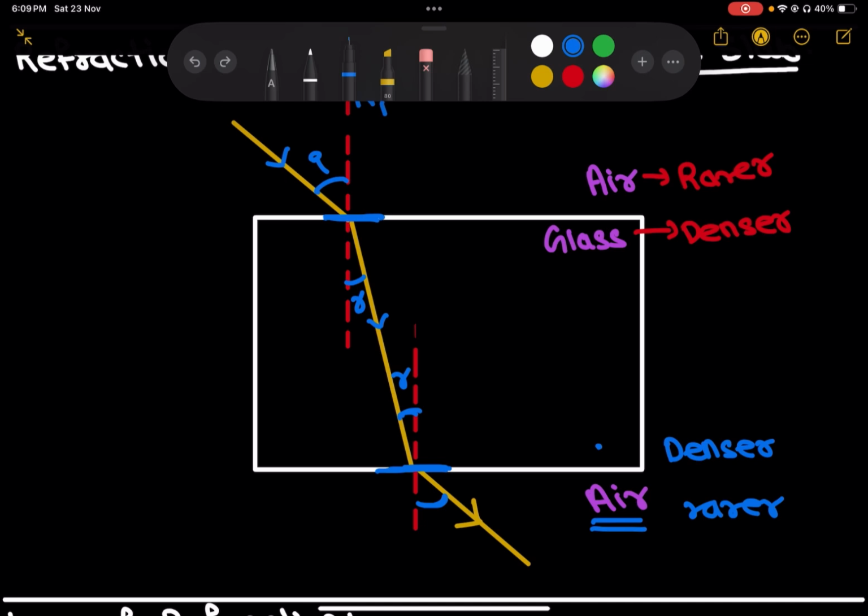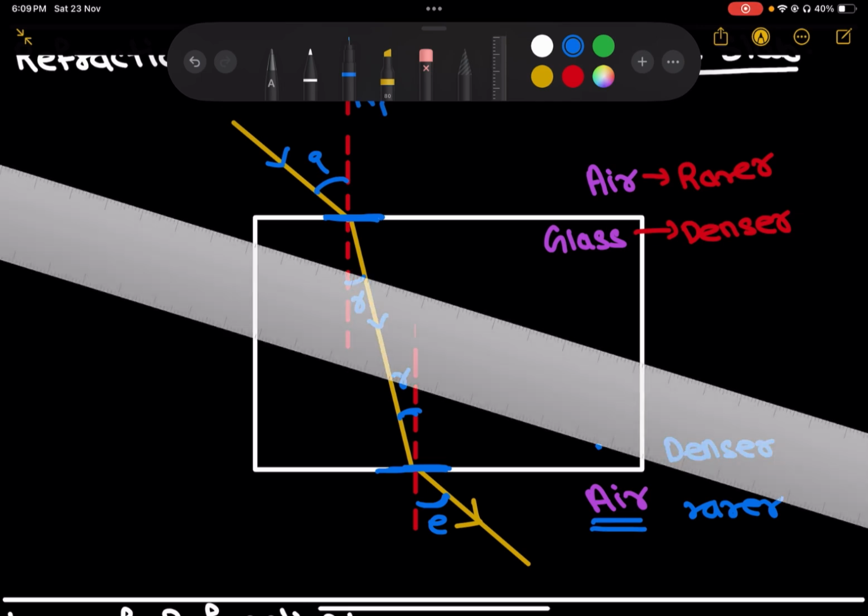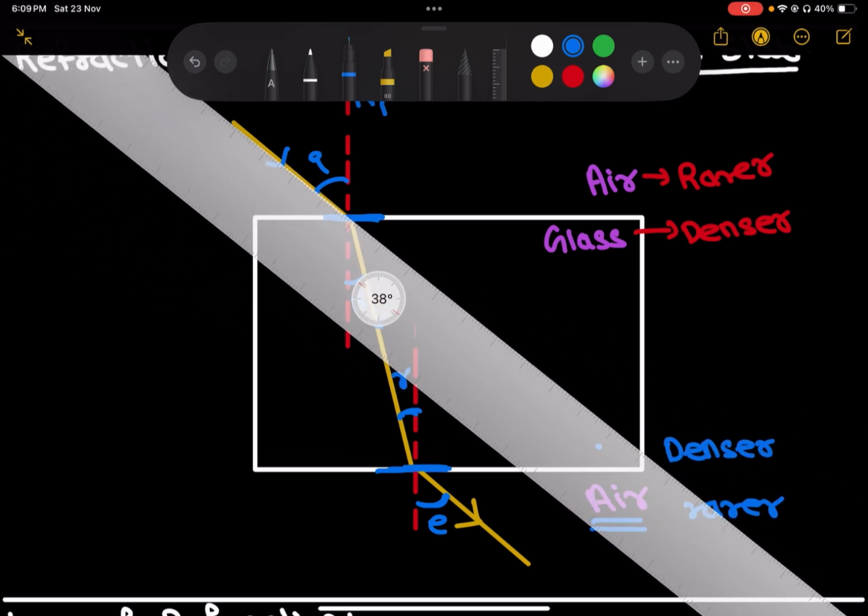This angle is known as the angle of emergence, and it is denoted by the letter E. Understood?